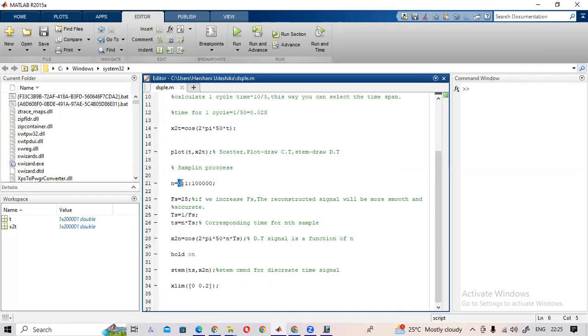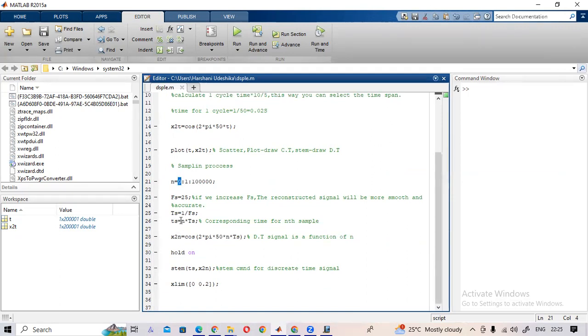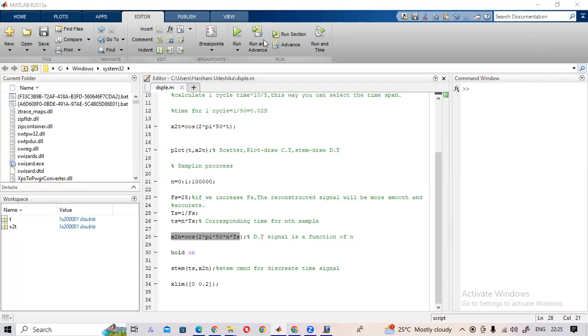So the 0th sample will be the first sample we get, and the corresponding sampling time can be obtained using nTs. This is the sampled signal.